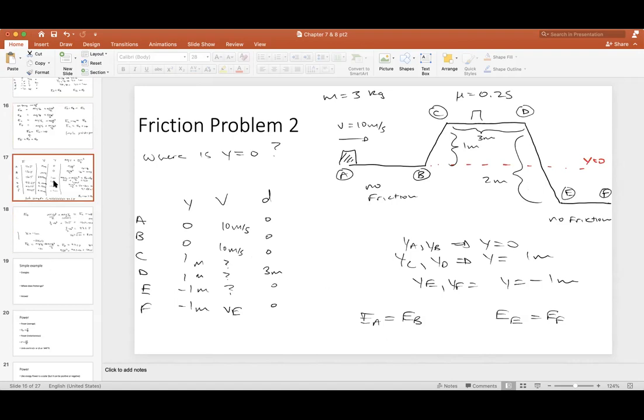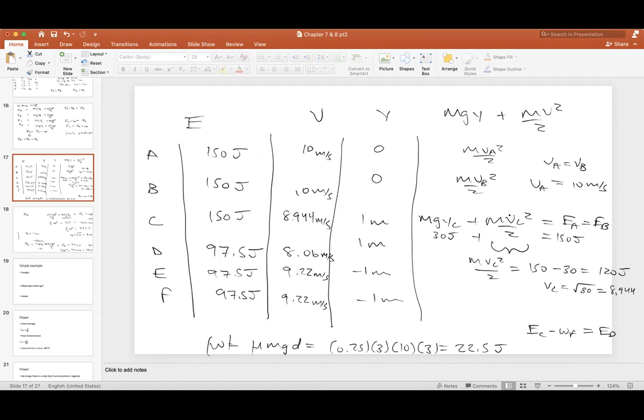It starts off with 150 joules of energy at A, and that's all kinetic energy heading to the right. Still has that same kinetic energy at B, 150 joules. And when it pops up to C, some of the energy becomes potential energy and is stored in gravitational potential energy, and some of it's the velocity, but the total energy is still 150.